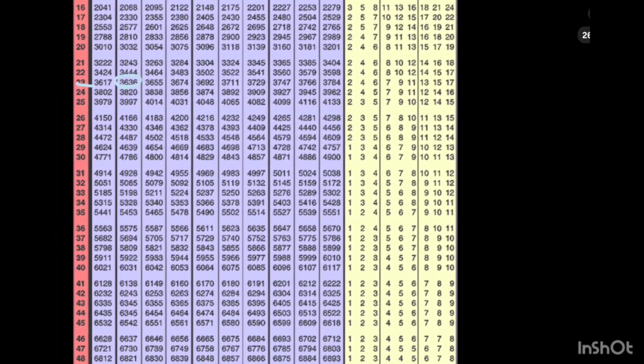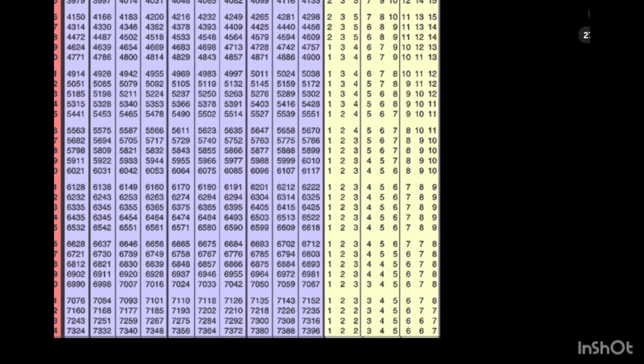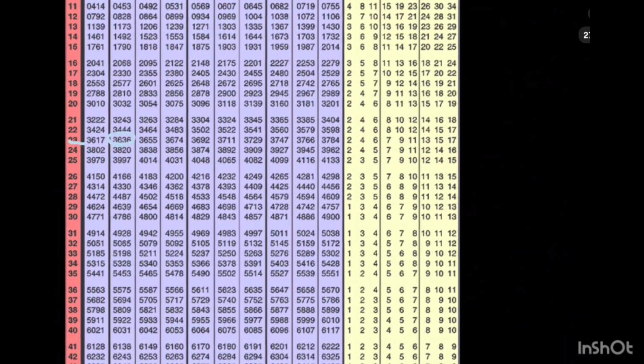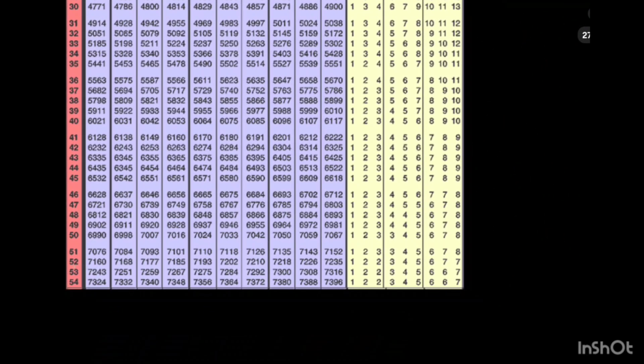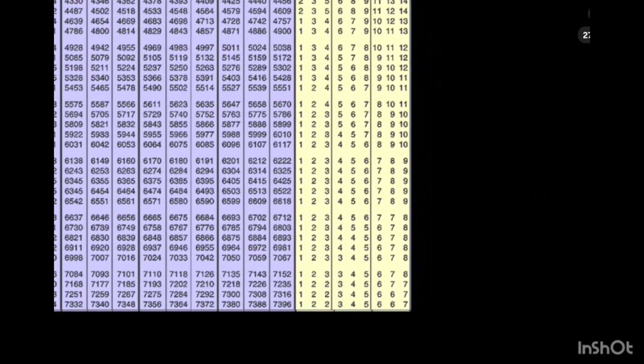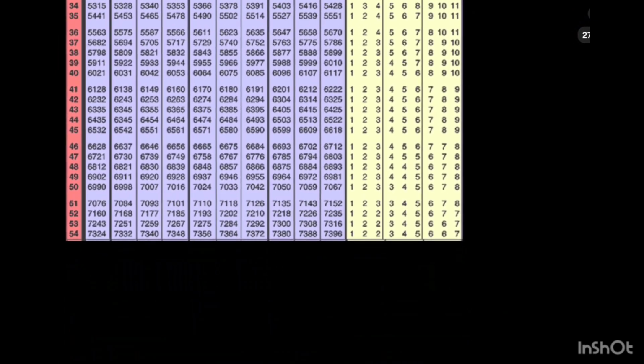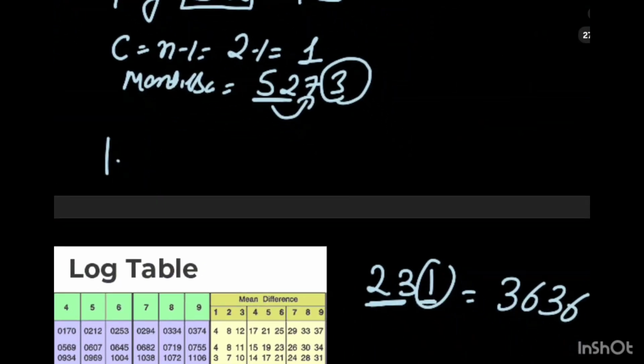We have to check 52 here, 52 at 7. So this is my 52 and I have to check at 7. So my 7 will be here, third line. So 52 at 7 gives 7218, and we have to add the mean difference of 3.